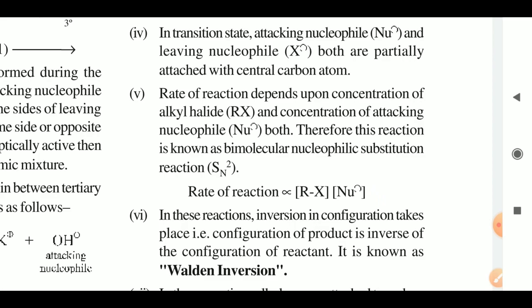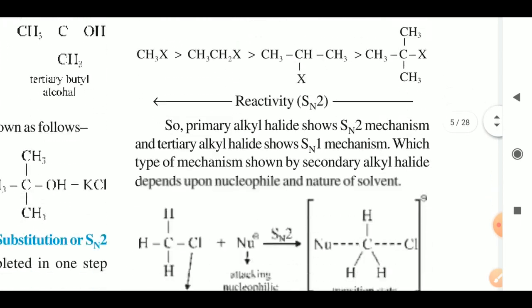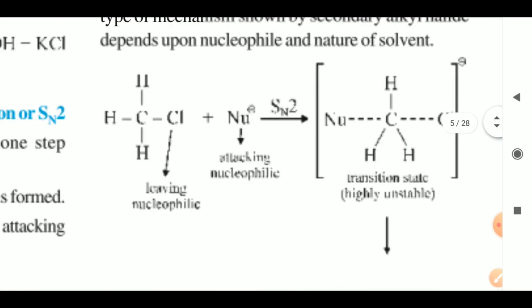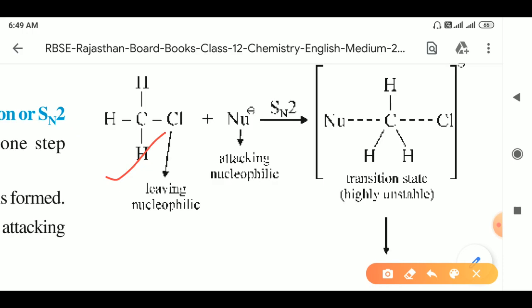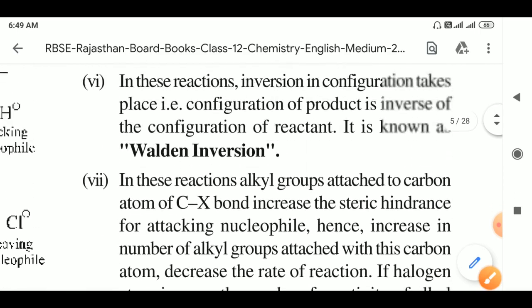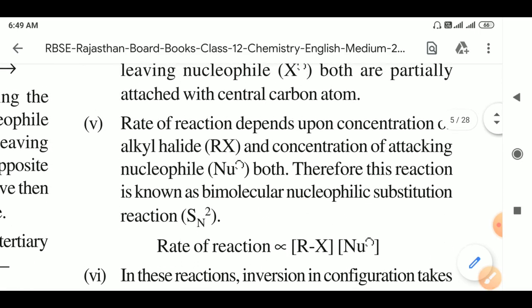Here the reaction proceeds between both RX and nucleophile, so the reaction depends on both. So that reaction is a second order kinetic reaction, not a first order kinetic reaction.